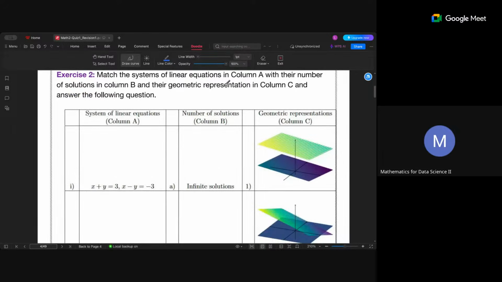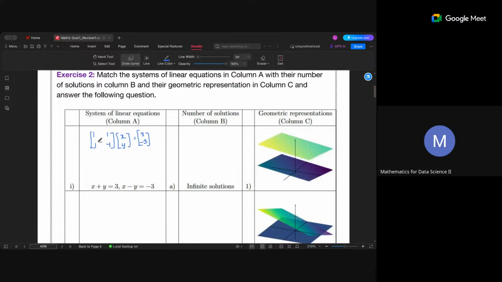Let's move to this problem. Match the system of linear equations in column A with their number of solutions in column B and their geometric representation in column C. Here you have the first equation. How can we represent the matrix here? You have 1, 1, 1, minus 1, times x, y, equal to 2, minus 3.